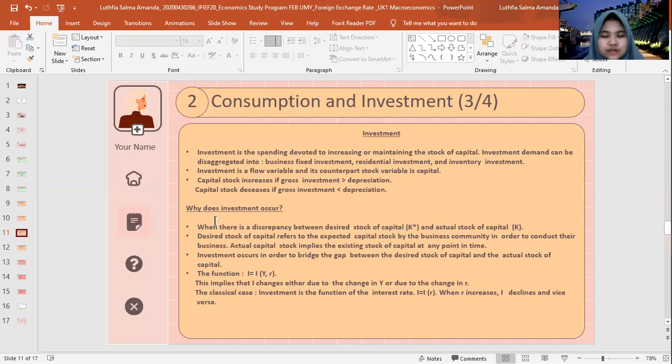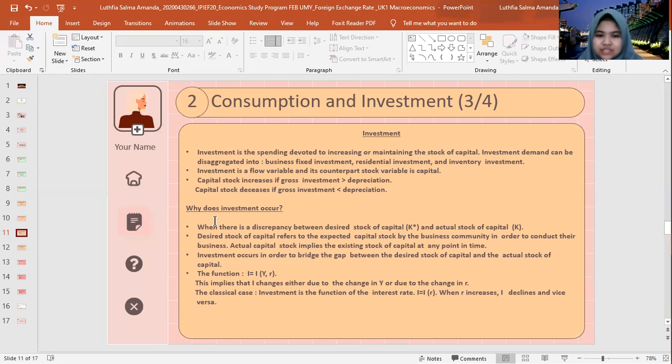Actual capital stock implies the existing stock of capital at any point in time. Investment occurs in order to bridge the gap between the desired stock of capital and the actual stock of capital.